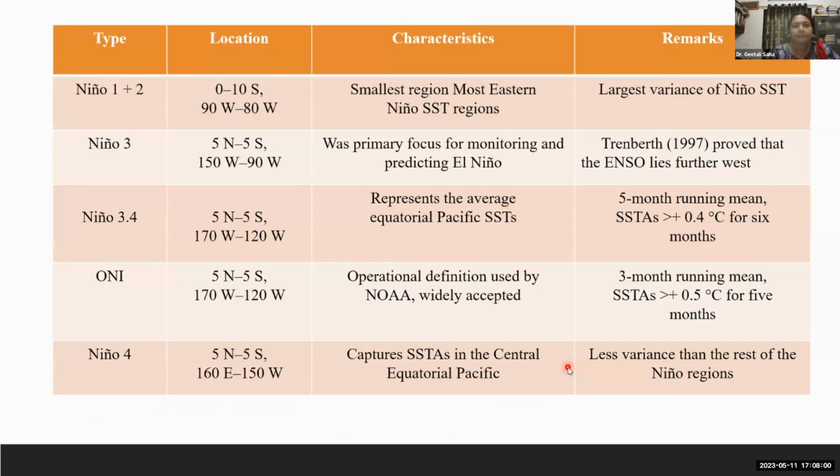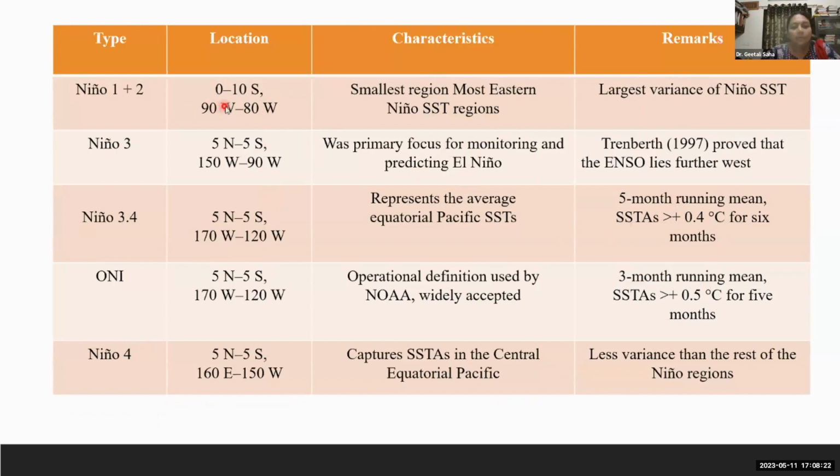Now, the locations, their actual geographical north-south, east-west locations, and the characteristics, and why each is chosen, what is the reason for choosing these specific regions and why not choosing something else. Right?